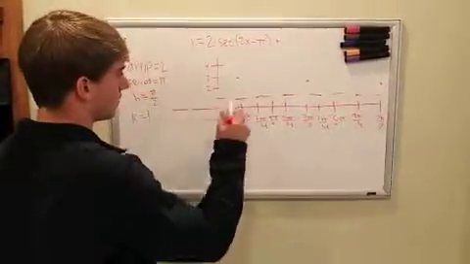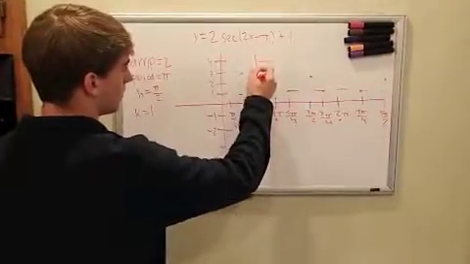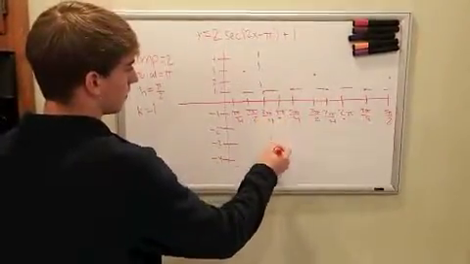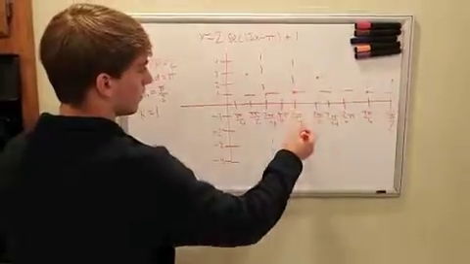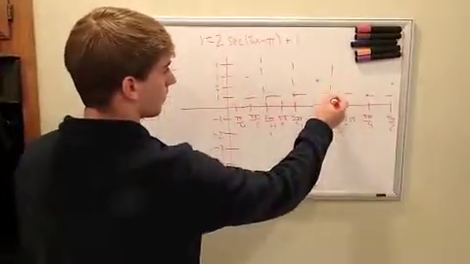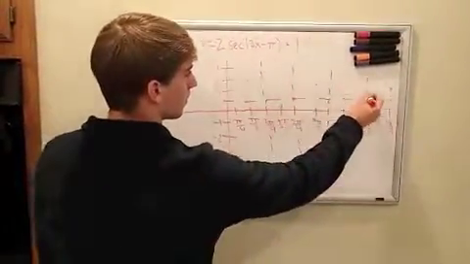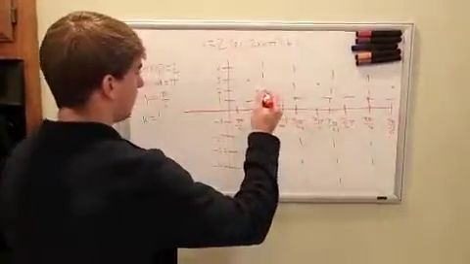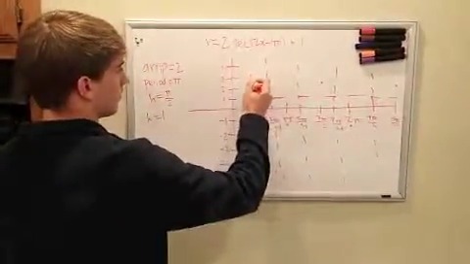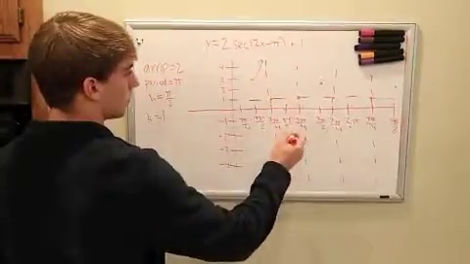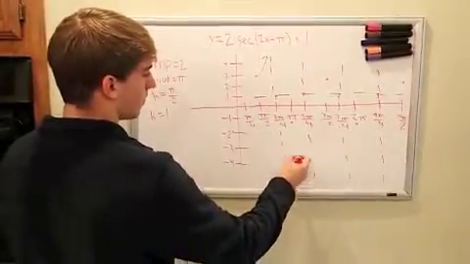Asymptotes for secant are going to be on the zeros of cosine. And then where the maximum points are, we're going to go up, and where the minimum parts are, we're going to go down.